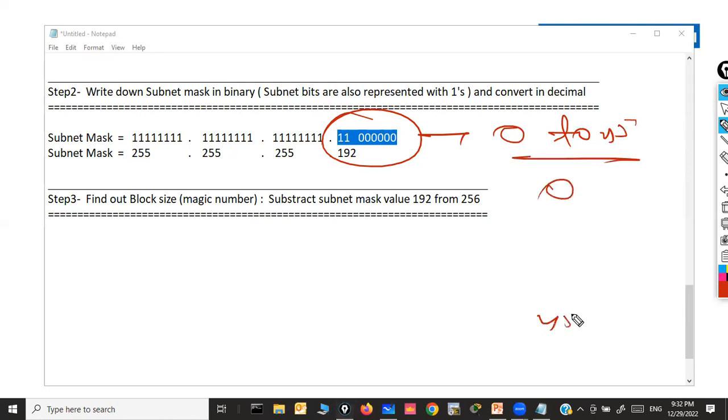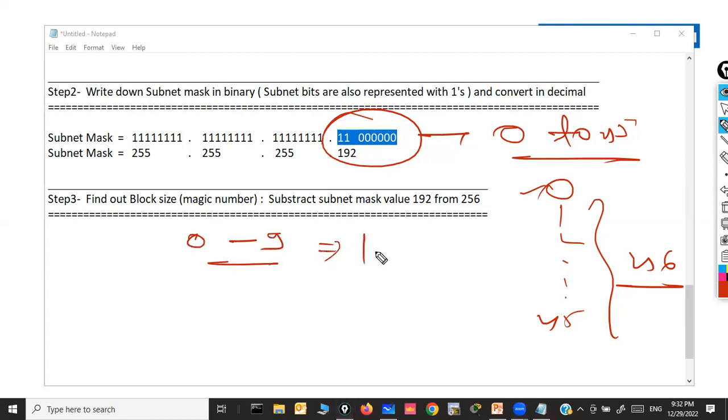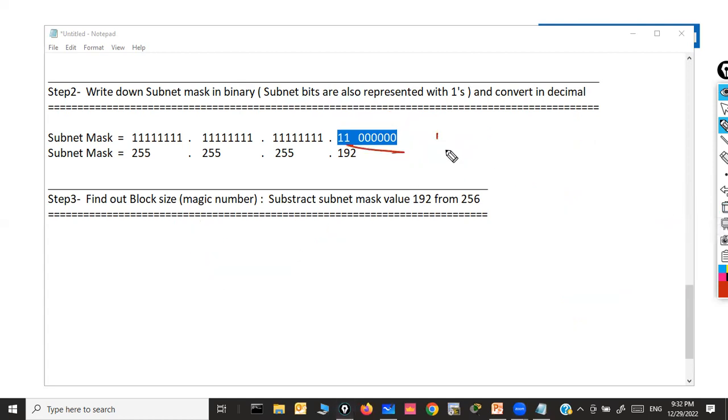But 0 to 255 means a total of 256 numbers: 0, 1, 2, 3, because 0 is also included. It's like 0 to 9 means not 9 numbers, it's 10 numbers total, because we are counting from 0. Same here, in any octet, the value is 0 to 255, but the total numbers is equal to 256. And why we have done this, you will get the answer.